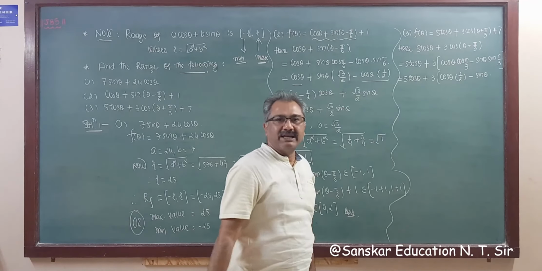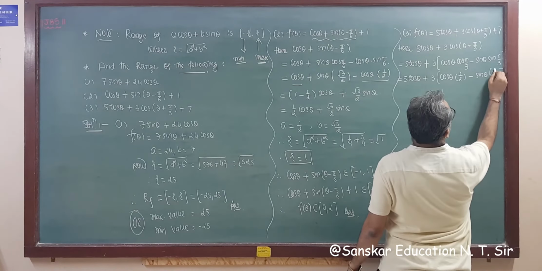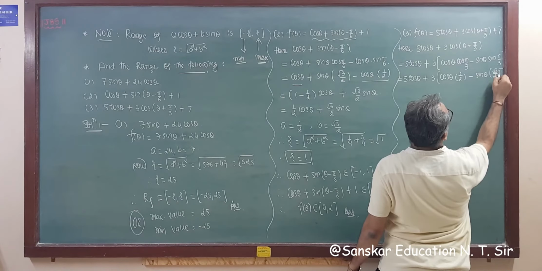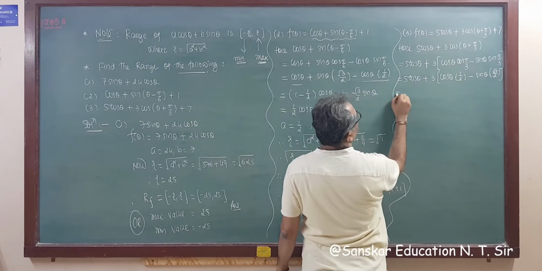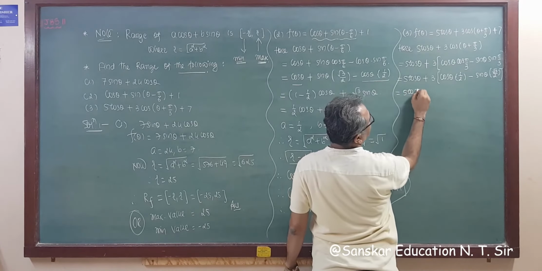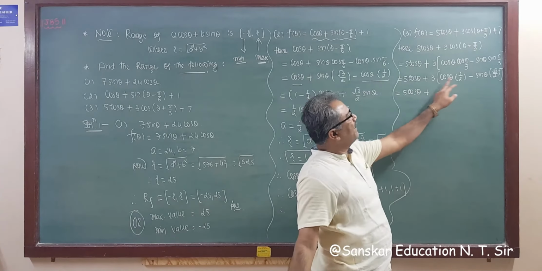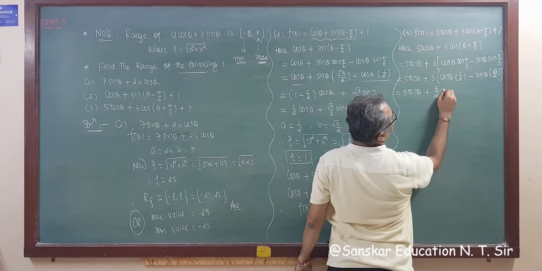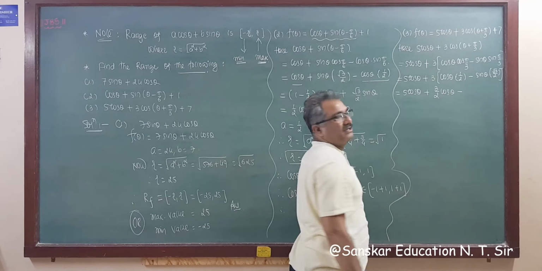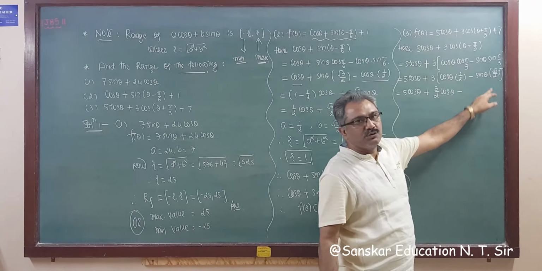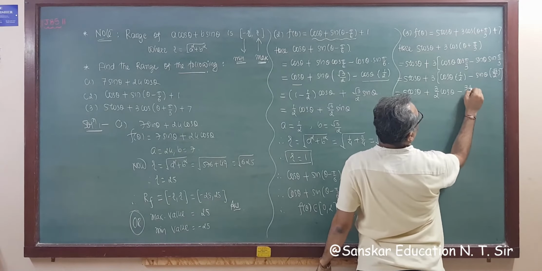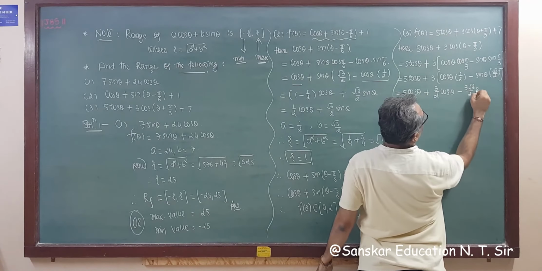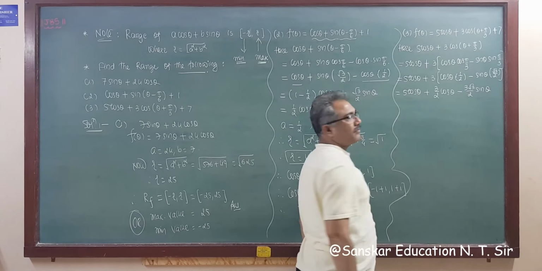Sin 60 is root 3 by 2. So this is root 3 by 2. Right? So this is 5 times cos theta plus, if you multiply, then this is 3 by 2 cos theta minus 3 root 3 by 2 sin theta.